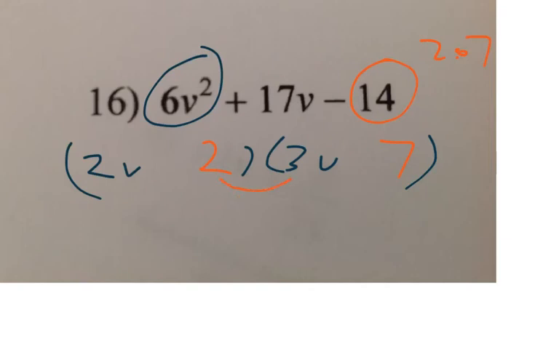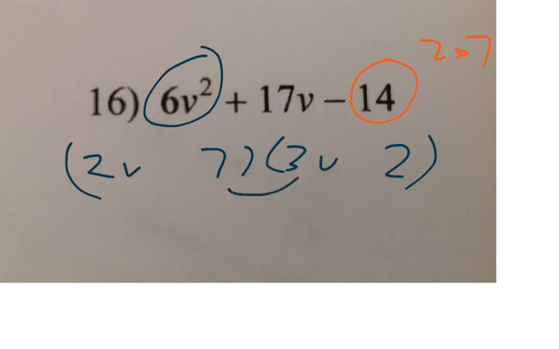Here, 2 times 3 is 6v. Here, 7 times 2 is 14v. Can 14 and 6 make 17? No, it can't. So guys, we have to back up. And instead of 2 times 7, we could try 7 times 2 and see if we have better luck.